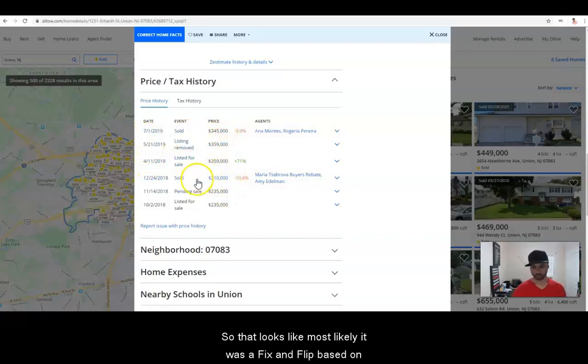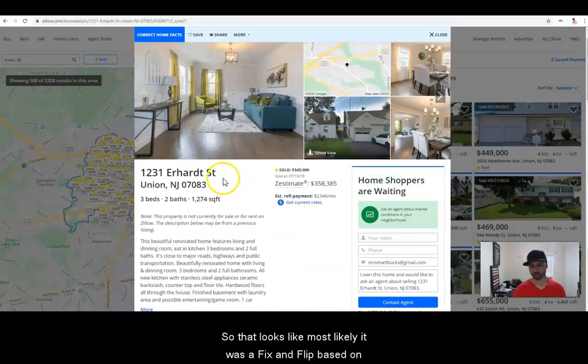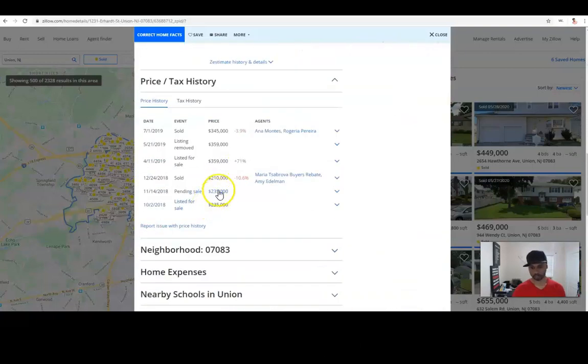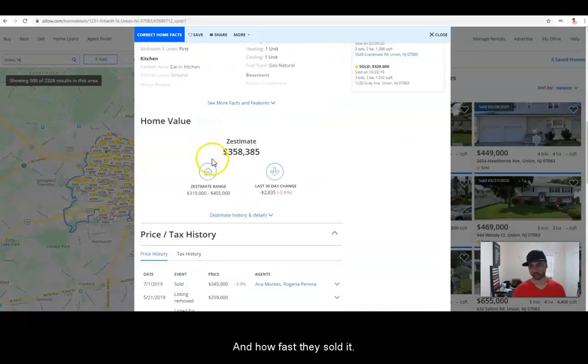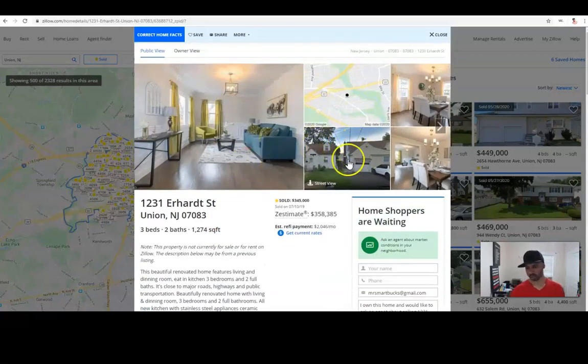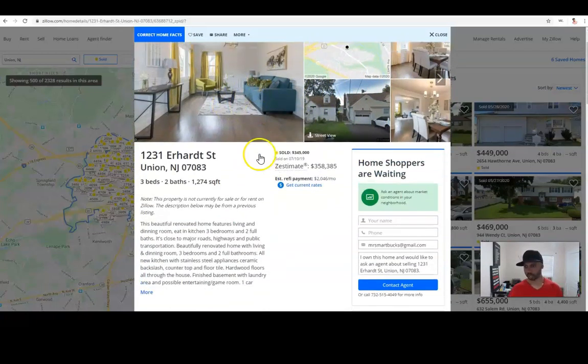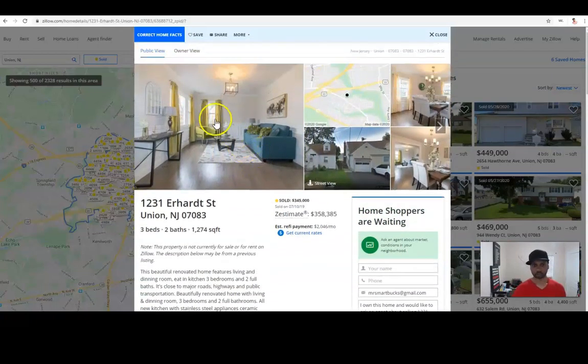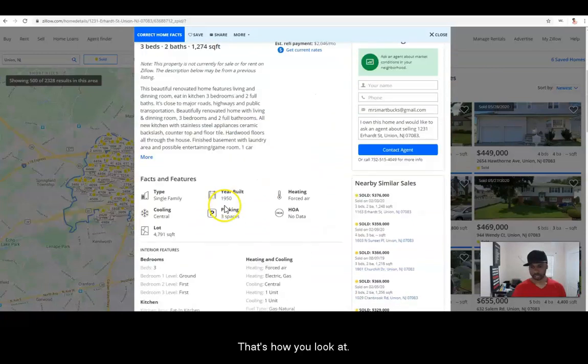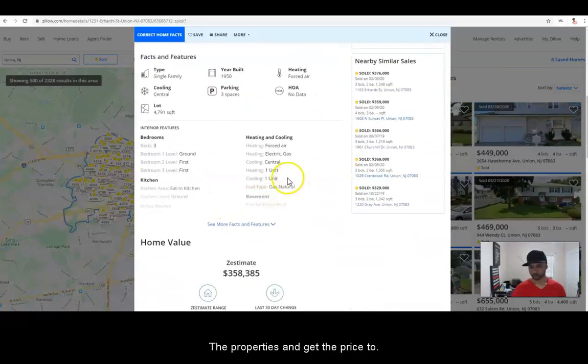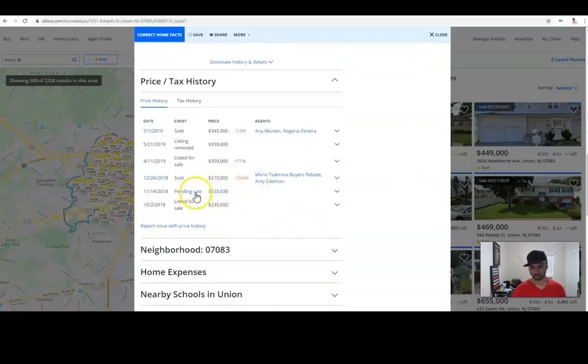So that looks like most likely it was a fix and flip, based on the price they bought it at, how fast they sold it, and how they fixed it up, how they rehabbed it. So that's how you look at the properties and get the price to what you want to offer.